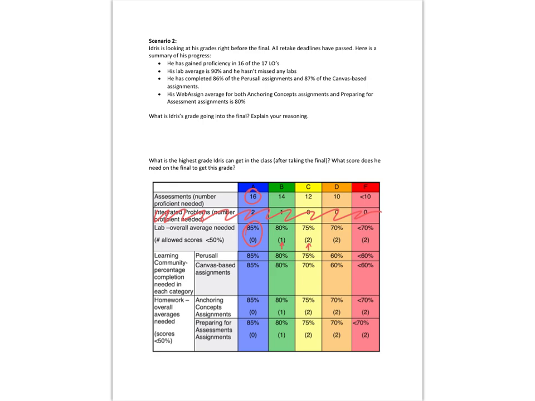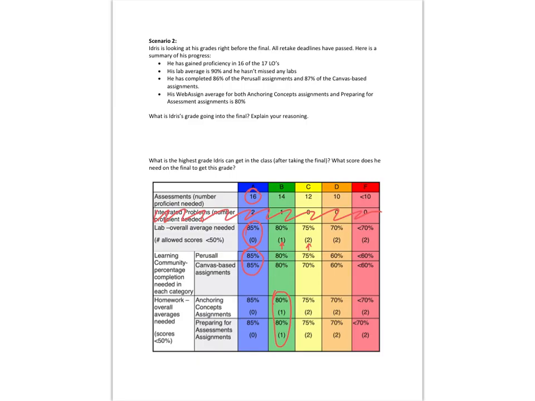He completed 86% of the perusal and 87% of the Canvas-based assignments, so he's actually at the A level for those. But when we get to his WebAssign averages, those are at the B level. So we just want to take a look at this and sort of commit it to our memory so that we can use our next tables correctly.